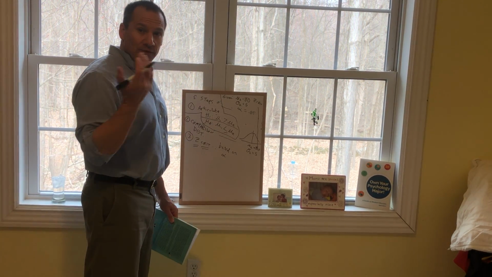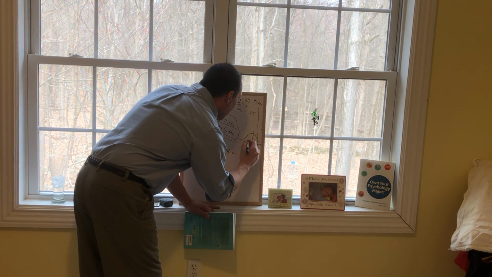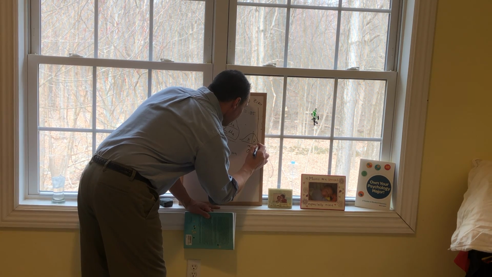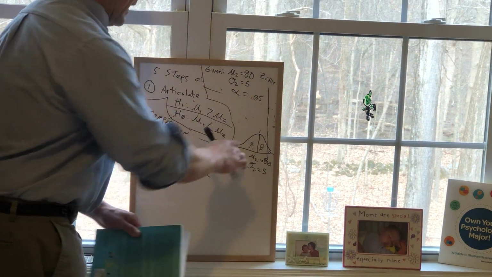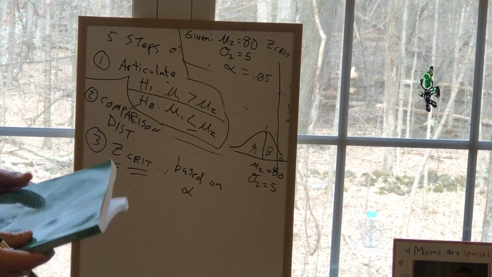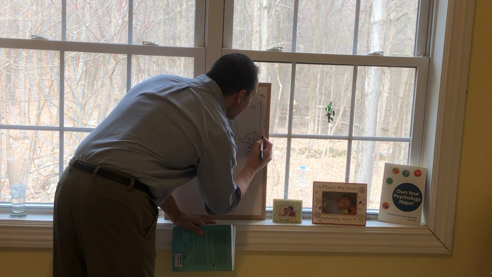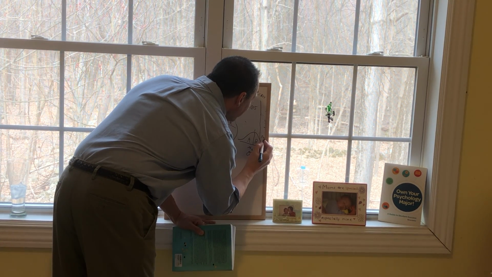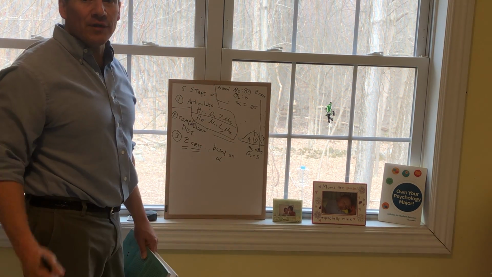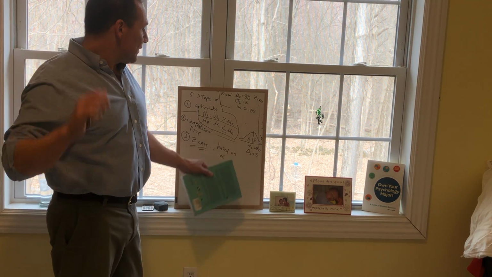So now we can take a look. These are some of the skills we developed in chapter 6. I have a normal distribution. I can divide it into A, B, and C. I have my mean. I have my particular z-score of interest. I also happen to know that C is 5%, because that's alpha. Alpha is 0.05, which corresponds to 5%.